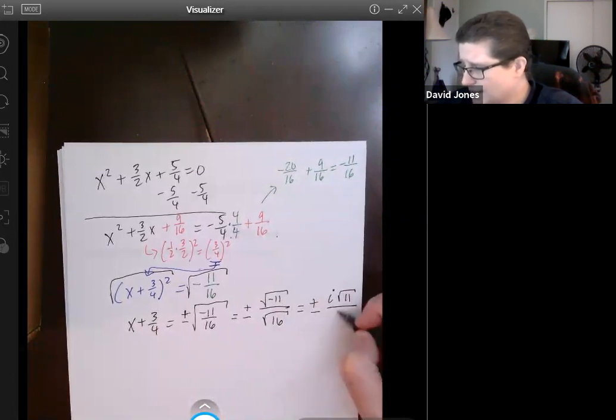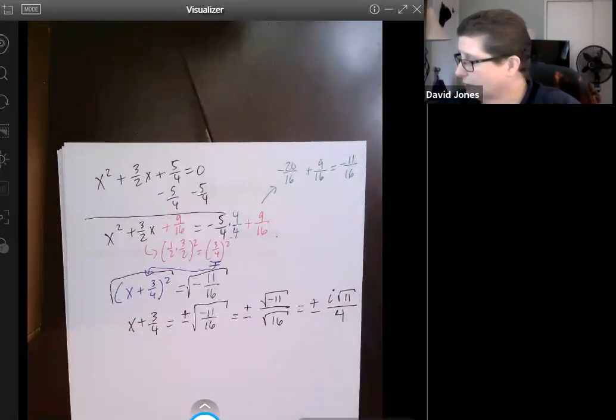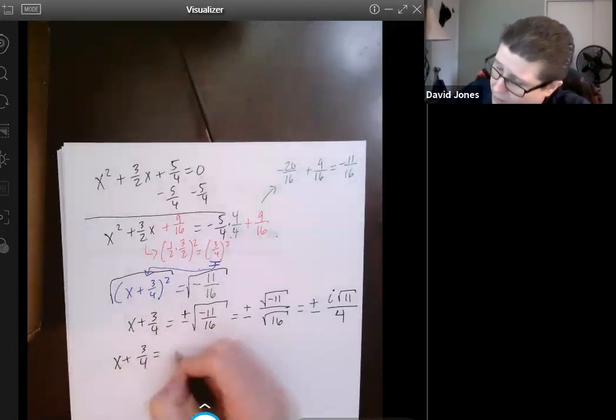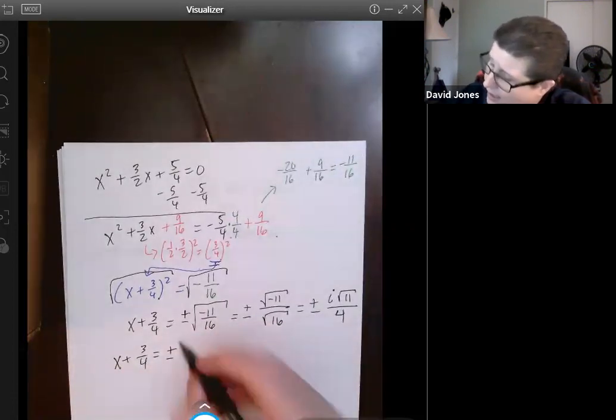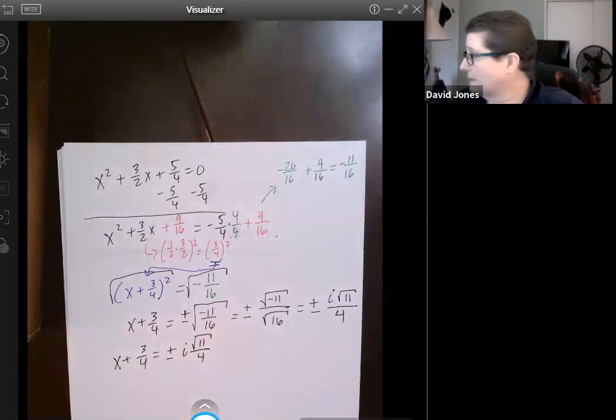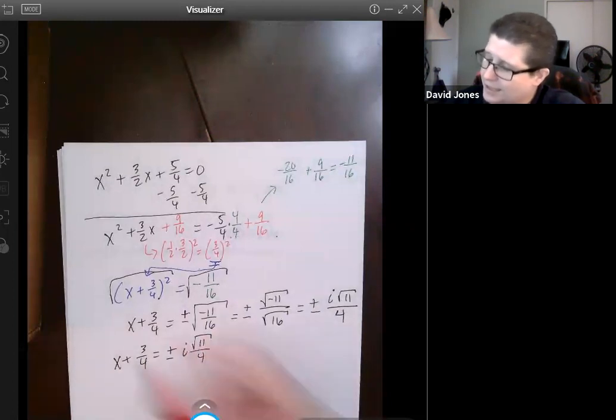The square root of 16 on bottom is 4. So x plus 3/4 equals plus or minus i times the square root of 11 over 4. Subtract 3/4 from both sides, and there's your answer.